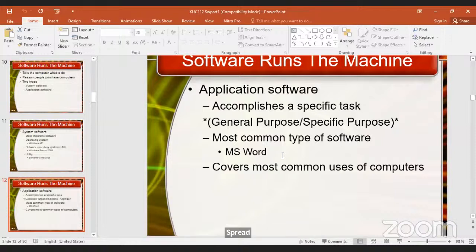They are meant for a specific purpose. You cannot use a spreadsheet the same way you use PowerPoint. That's why we say that among application software, some are meant for general purposes, and some are meant for specific purposes.